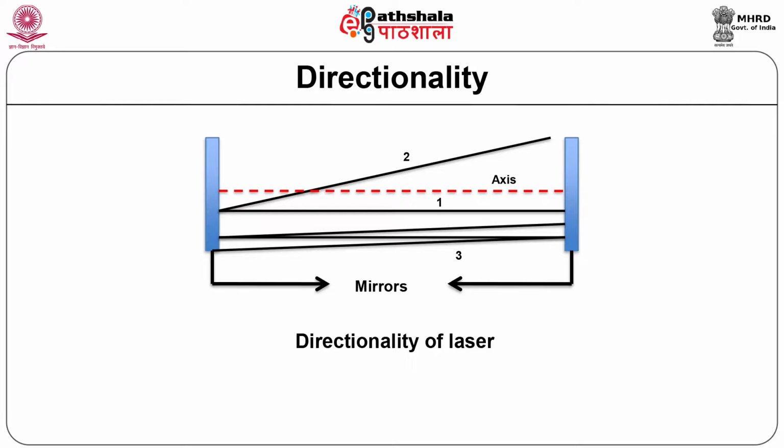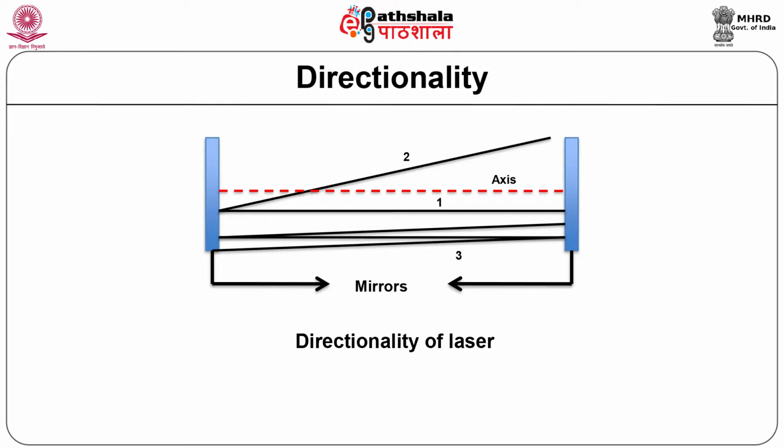Directionality is the direct consequence of placing the active medium in between two parallel mirrors. Due to the mirror arrangement, photons travelling along the axis or a little bit deviated will be able to bounce back in the cavity. Photons moving away from the axis of the resonator will be rejected by the cavity.